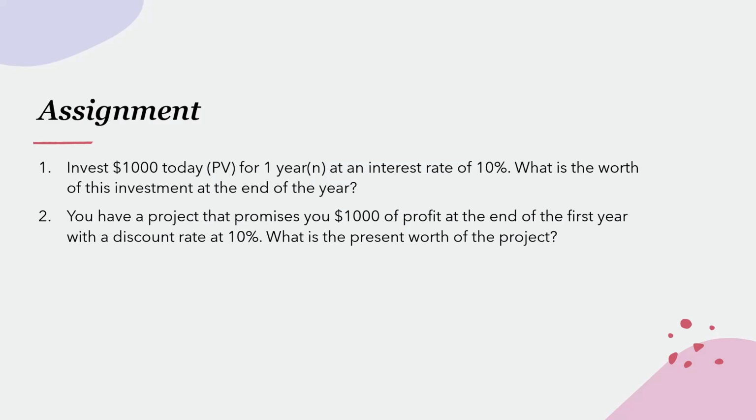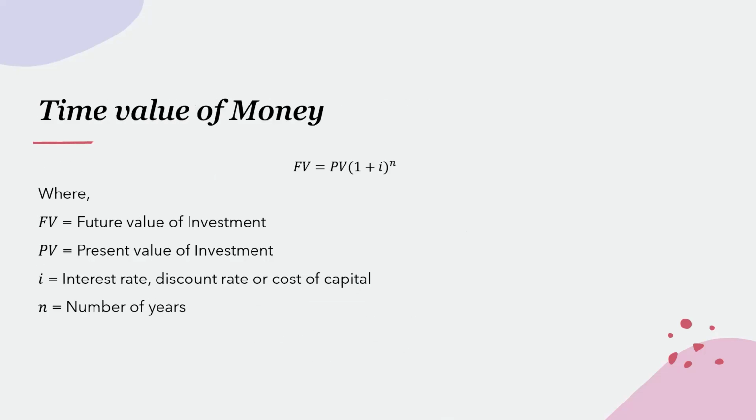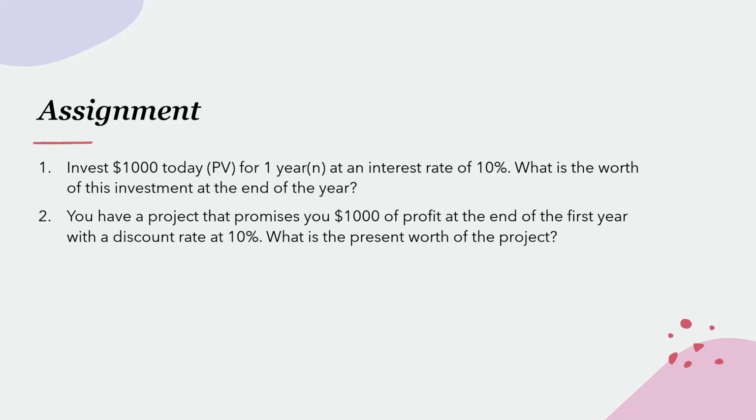What is the worth of this investment at the end of the year? Remember, students, this interest rate 10% should not be applied as 10 into this I. 10% in the sense it is 0.1. So you can use that equation for the first question.